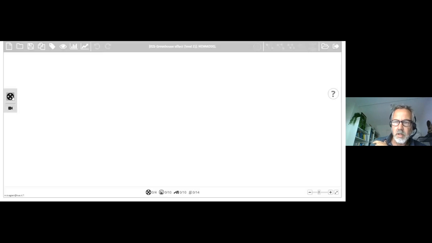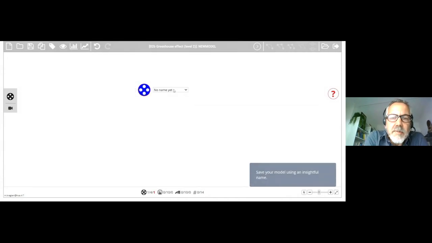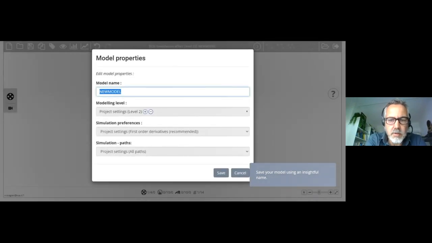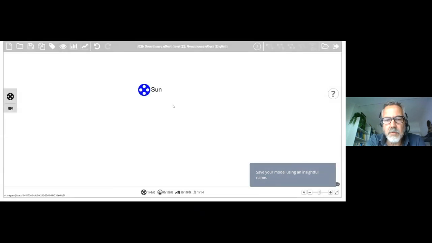So I'm going to start a video in which you can see how you can interact with the software. So I just created an entity, so a physical object. I have to give it a name. You don't see the drop-down box. That's something that I don't get when I do a screen capture. You have to save your model.